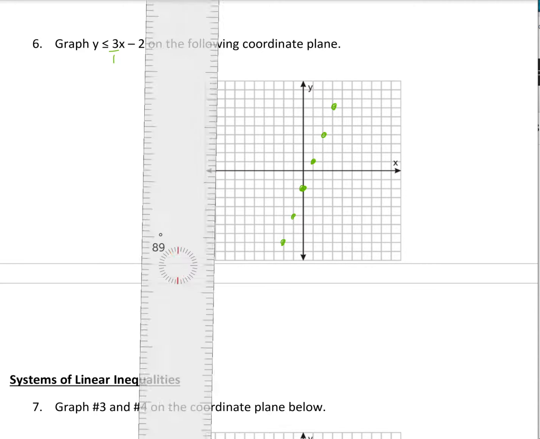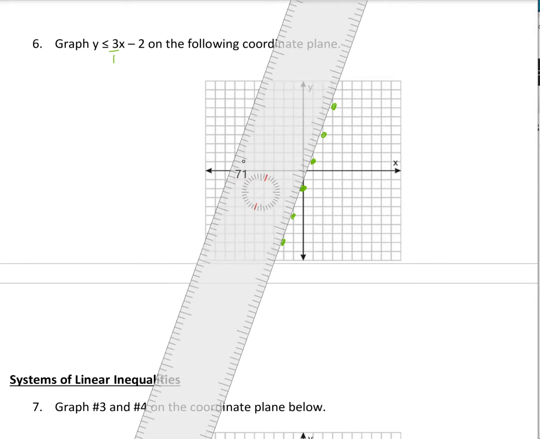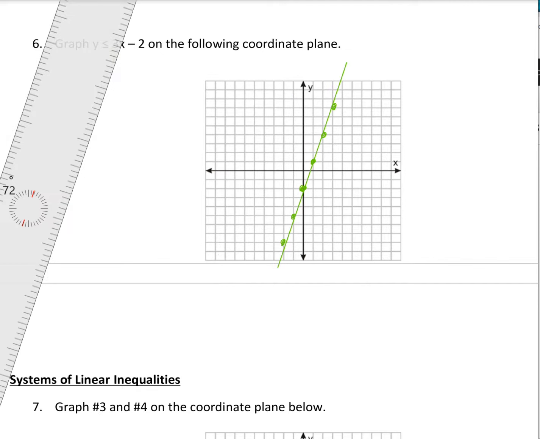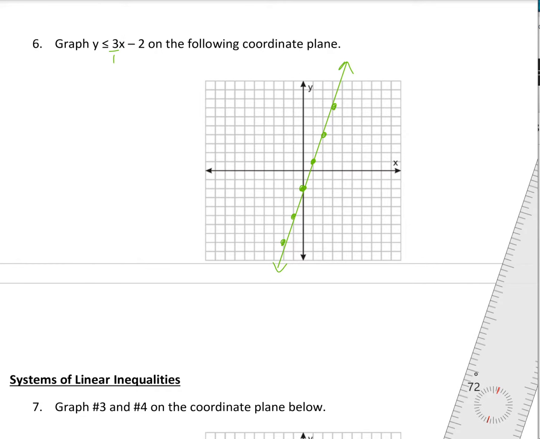And I'm going to take my handy dandy ruler and draw my solid line along, and I'm going to draw my arrows, and it is less than or equal to. So it's everything that is going to be below my line.